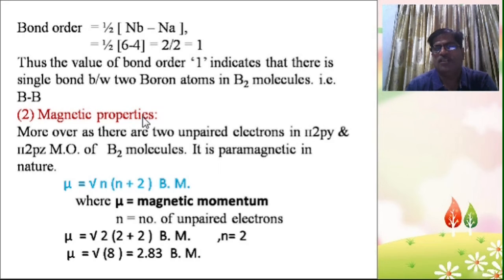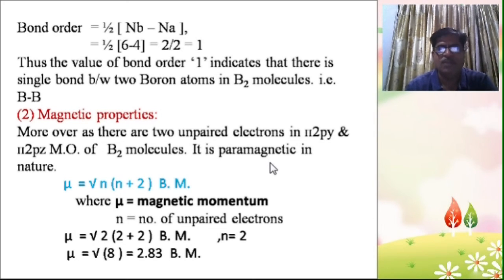So what are the magnetic properties of the B2 molecule? As there are 2 unpaired electrons in the pi 2py and pi 2pz MOs of the B2 molecule, it is paramagnetic in nature.